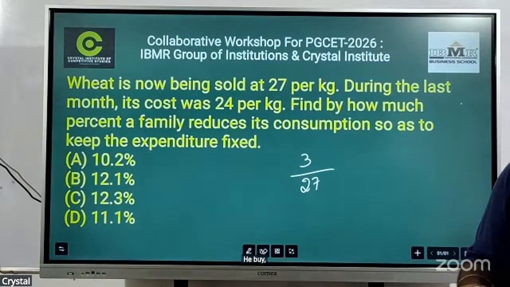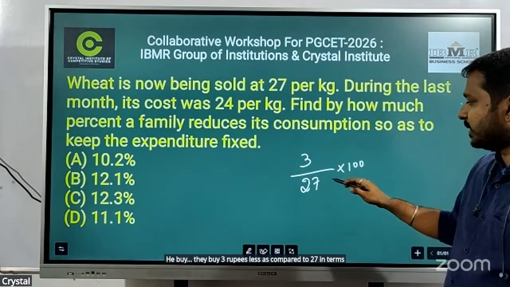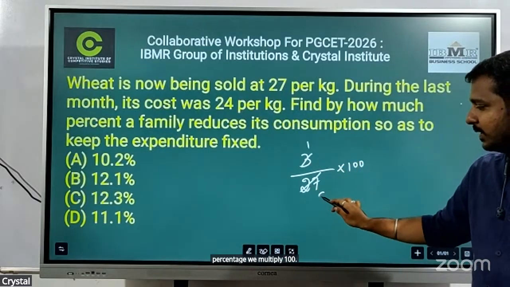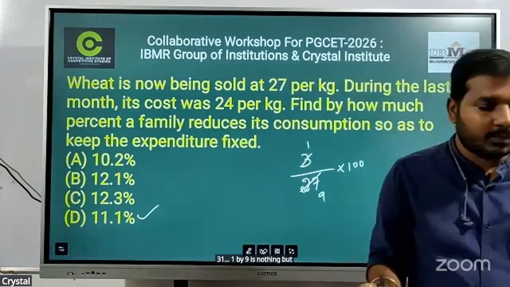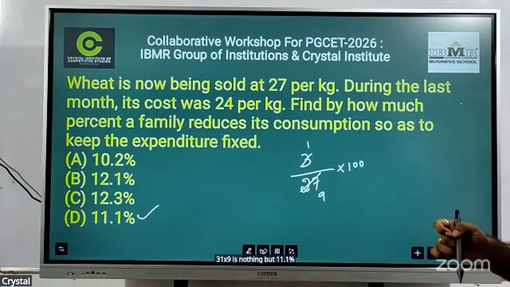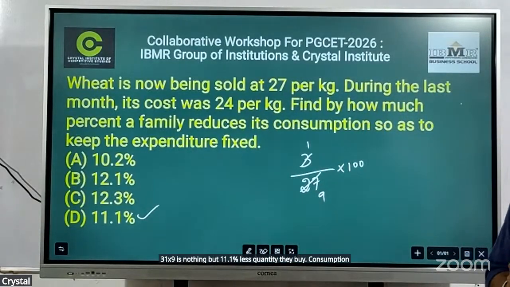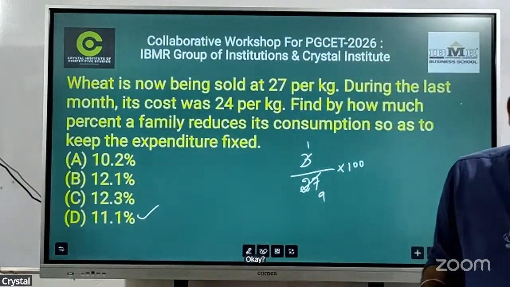In terms of percentage, we multiply by 100. 3 ones are 3, 3 nines are 27, so 1 by 9 is nothing but 11.1%. They buy 11.1% less quantity. Consumption is nothing but how much percent less they buy. Okay, now you got this?